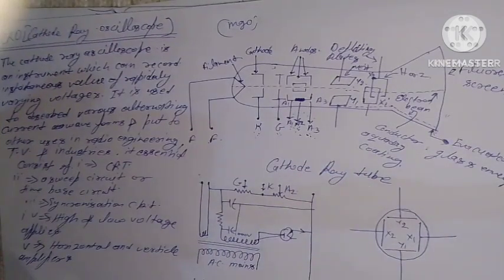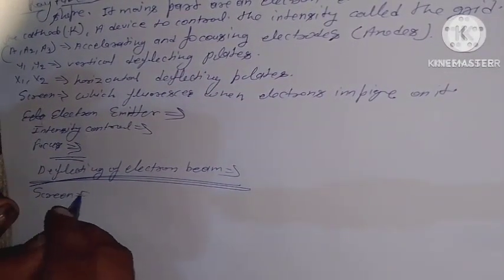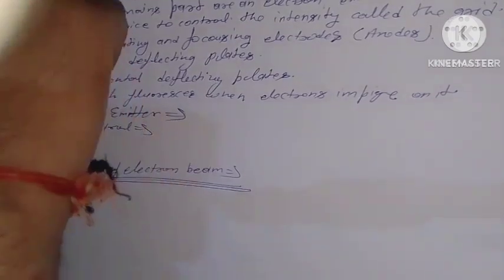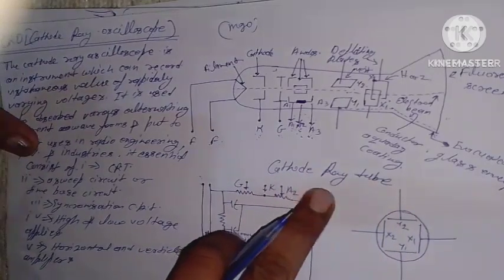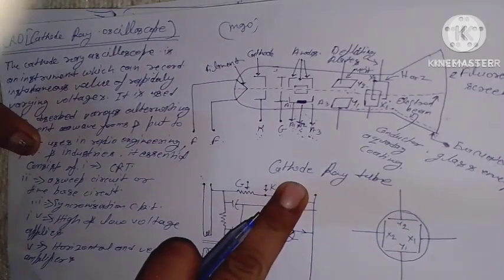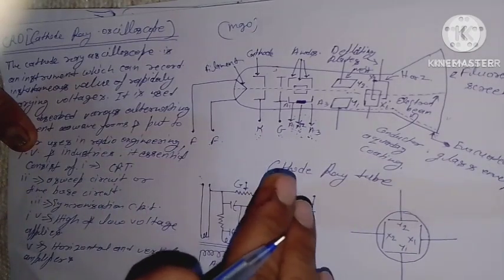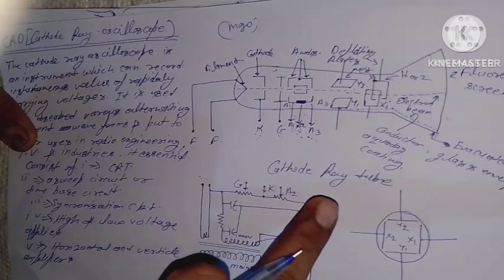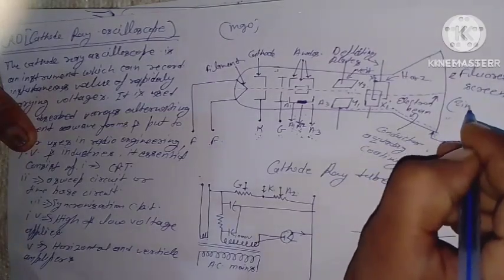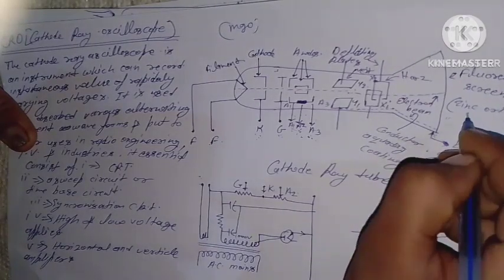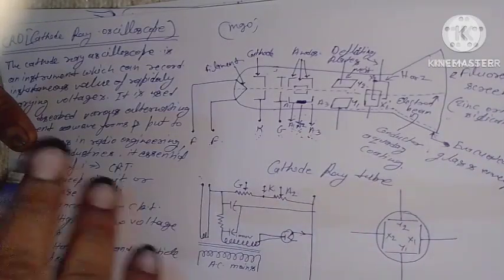Screen. What is the screen of a C.R.O, the cathode ray tube, C.R.T?